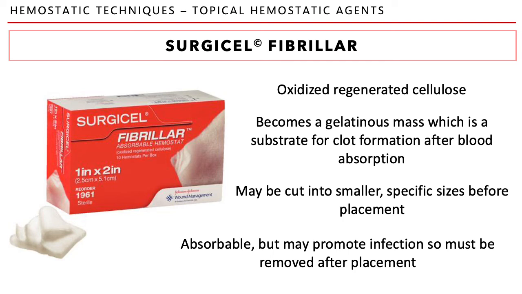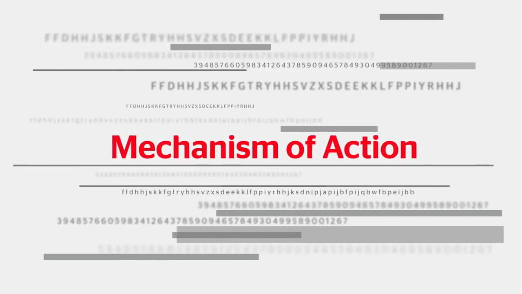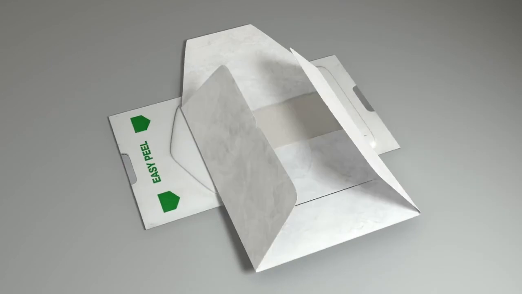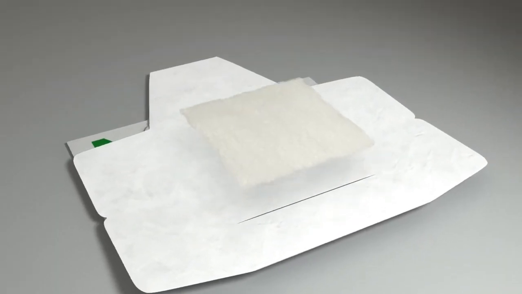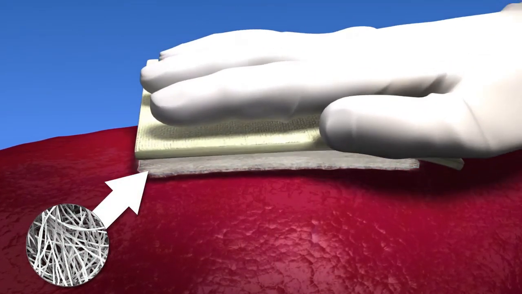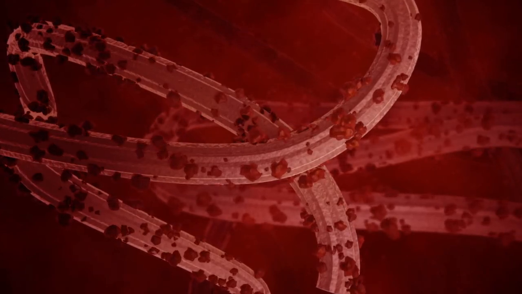Okay? How does it happen? Surgicel products are ready to use right out of the package. When applied to the bleeding site, Surgicel provides a physical barrier to blood loss. As the fabric becomes saturated with blood, platelets and other blood proteins adhere to and aggregate within the ORC matrix, initiating clot formation.